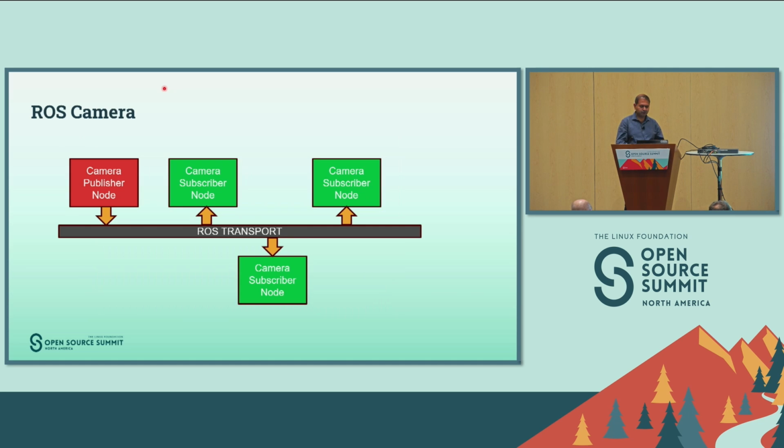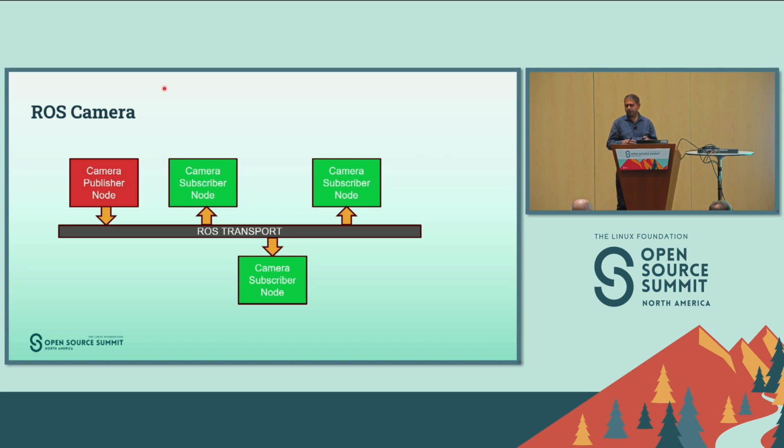Here's a very simple slide showing how a ROS camera would work. You'd have a camera publisher node. You could build that with libcamera, Android HAL, whatever BSP you have. You could refer to the API guide and write a publisher node. Once you publish an image over the ROS transport, multiple camera subscriber nodes could get it.